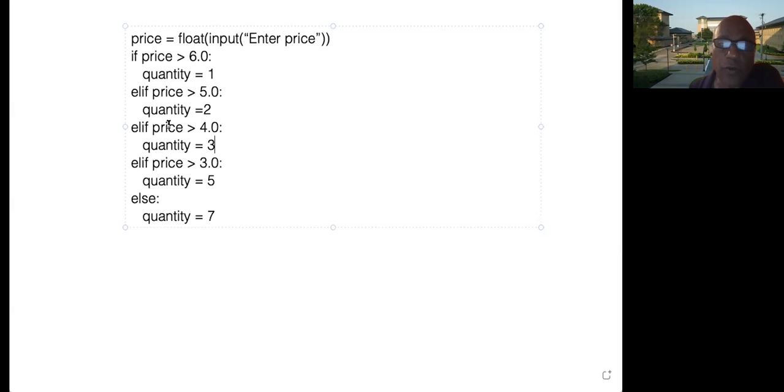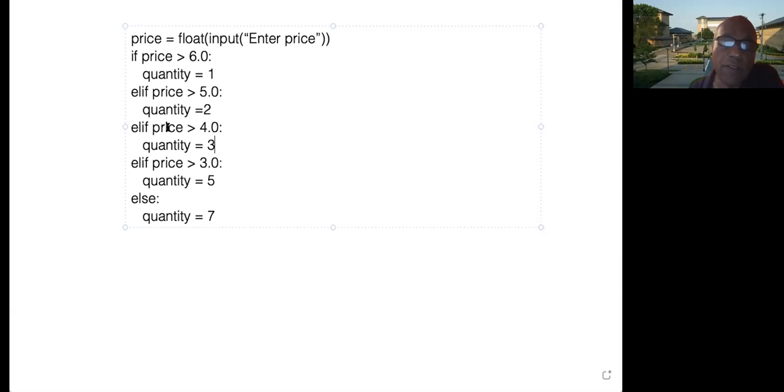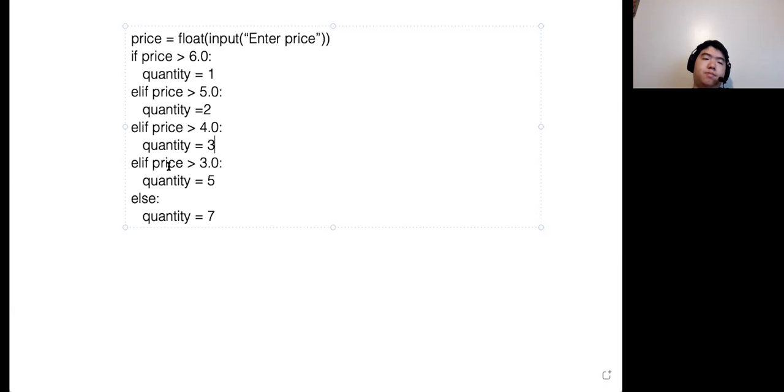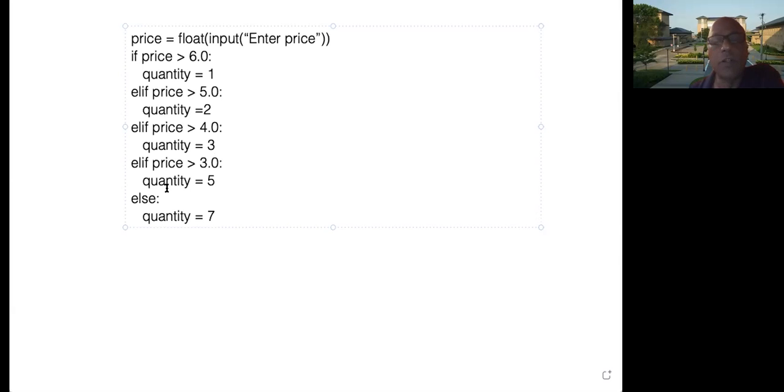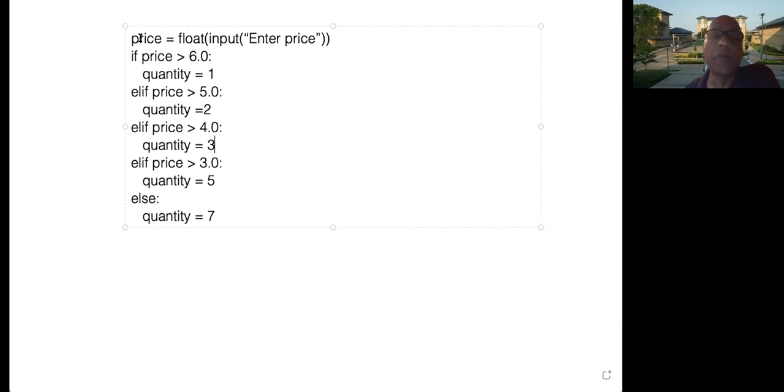This is false. What about this? Price is 3.5, so false. Yeah, so it will come here and set quantity to 5. And we ignore the else.